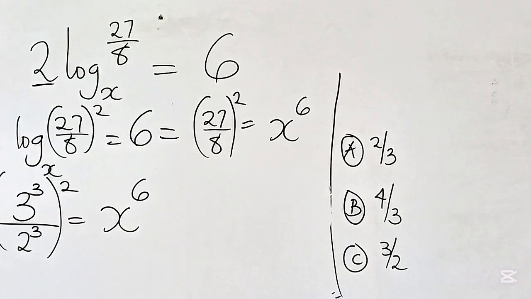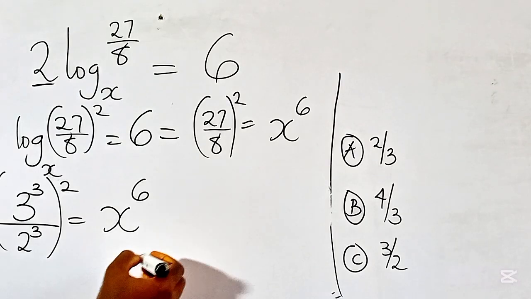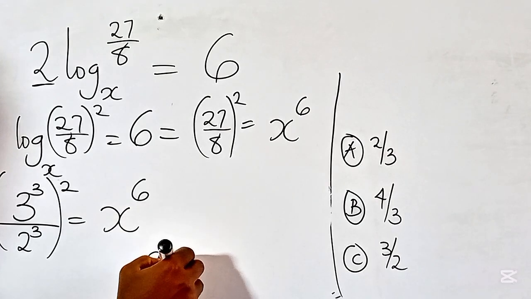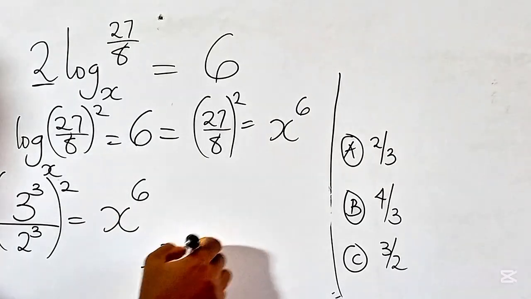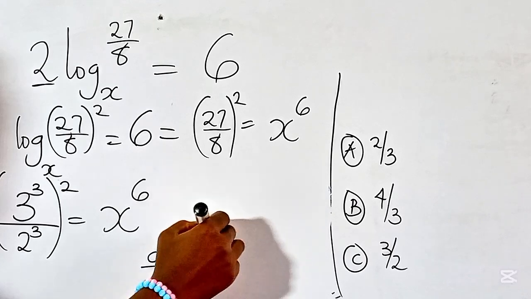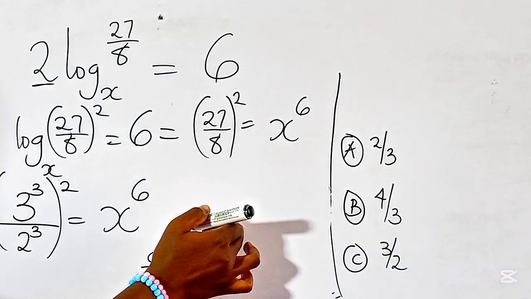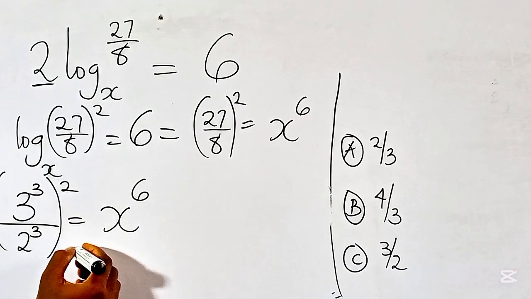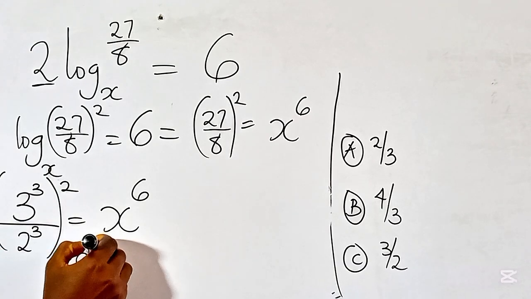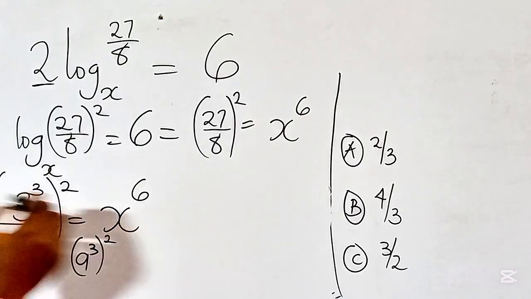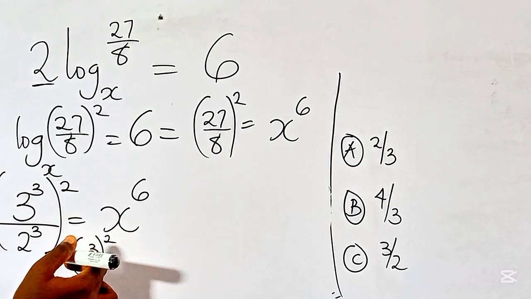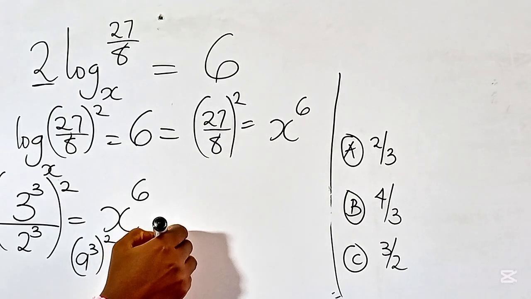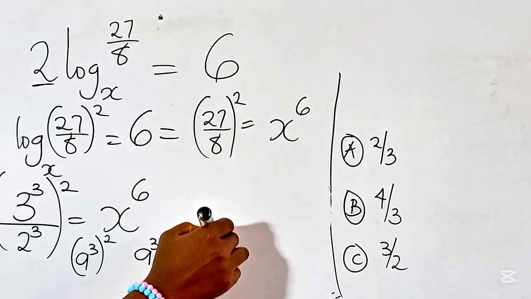Okay, remember one of the properties of exponents which says if you have a to the power of 3 all over b to the power of 3, this can become a over b all raised to the power of 3. This power is shared between a and b. Another property of indices says that if you have a to the power of 3, to the power of 2, we have the power of power rule, multiplying the powers to have a to the power of 3 times 2, which gives you a to the power of 6.